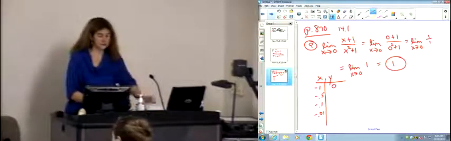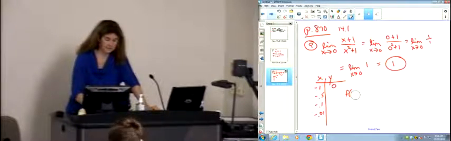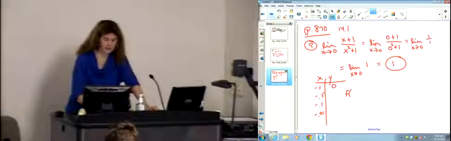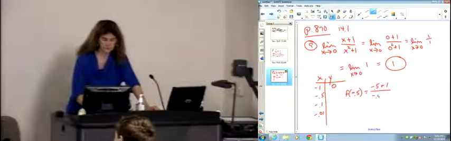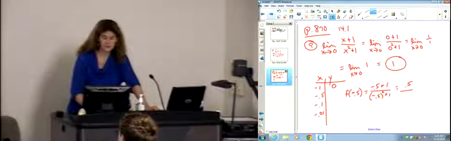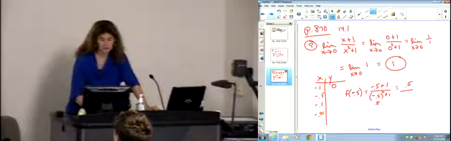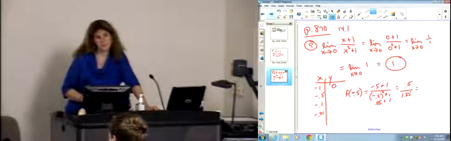And you didn't plug in those others, so let's see what we've got here. F of -0.5. So that would give us 0.5 over 0.25 plus 1, so 1.25. So what's that going to give us?